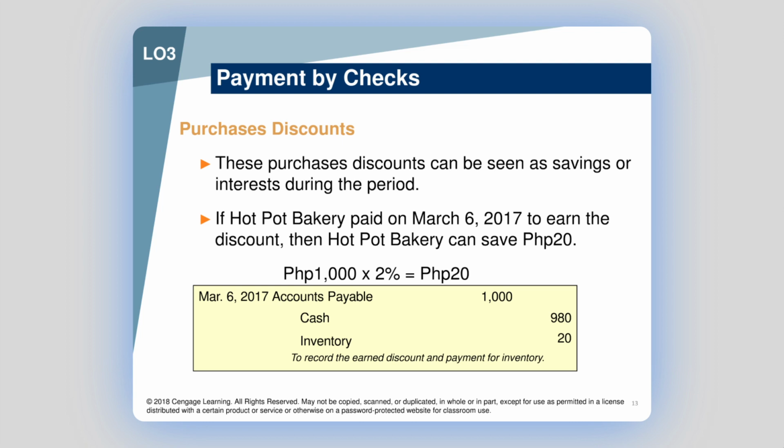So, if Hot Bakery paid on March 6, 2017, then Hot Bakery can save 20 pesos. Yes, there would be a discount. So, 1,000 times 2%. Ibig sabihin, ang babayaran na lang natin ay hindi na 1,000 but 980, because the 20 here is your purchase discount.